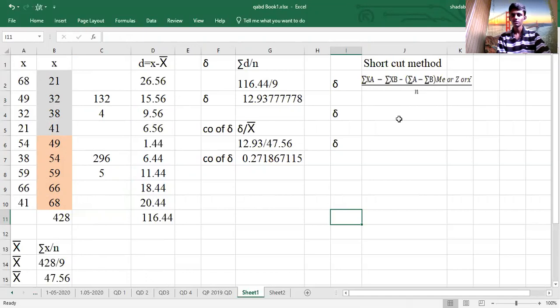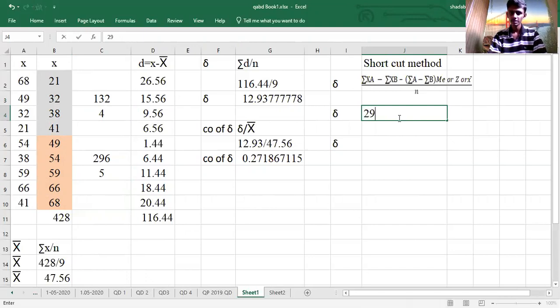We know everything, so now we just have to implement the formula. Sigma xa, that is 296, minus sigma xb, 132, minus open bracket sigma a 5 minus sigma b 4 close bracket, into x bar 47.56, divided by n, which is 9.